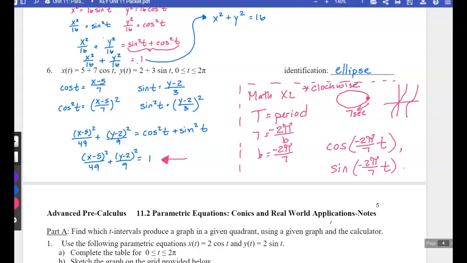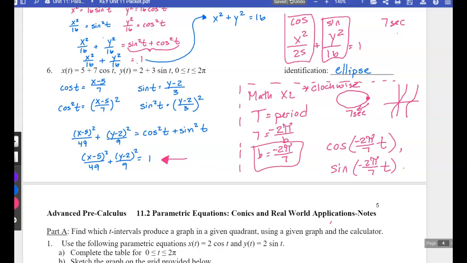Okay, so it gives this rectangular equation. This is referring to our cosine term, and this is referring to our sine term. So what we would actually have to do, like I said, if it told us 7 seconds, we'd have to solve for the period. We get b is negative 2 pi over 7.